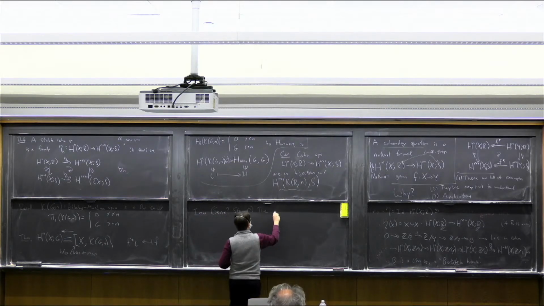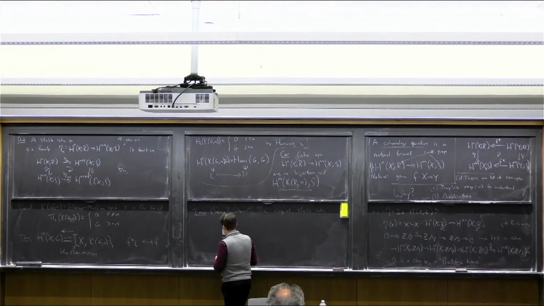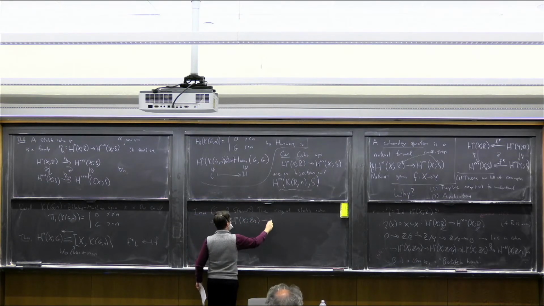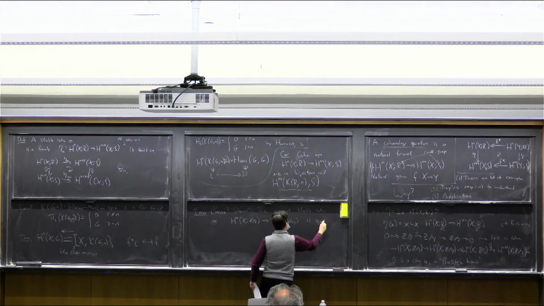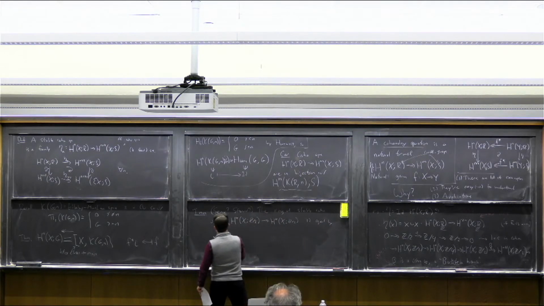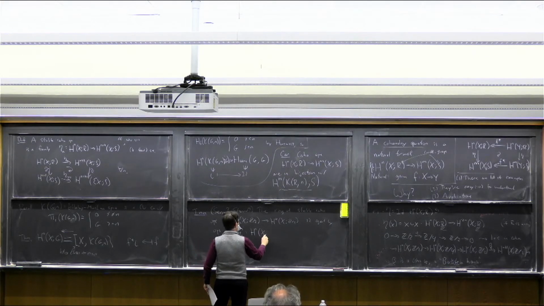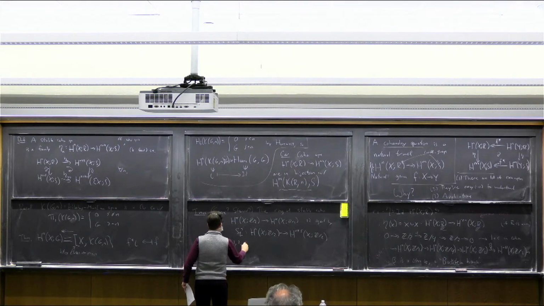The ring of stable cohomology operations from H^* of X with Z/2 coefficients to H^* of X with Z/2 coefficients is generated by operations I'll call Sq^i from H^n of X with Z/2 to H^(n+i) of X with Z/2, i equals 0, 1, 2, etc.